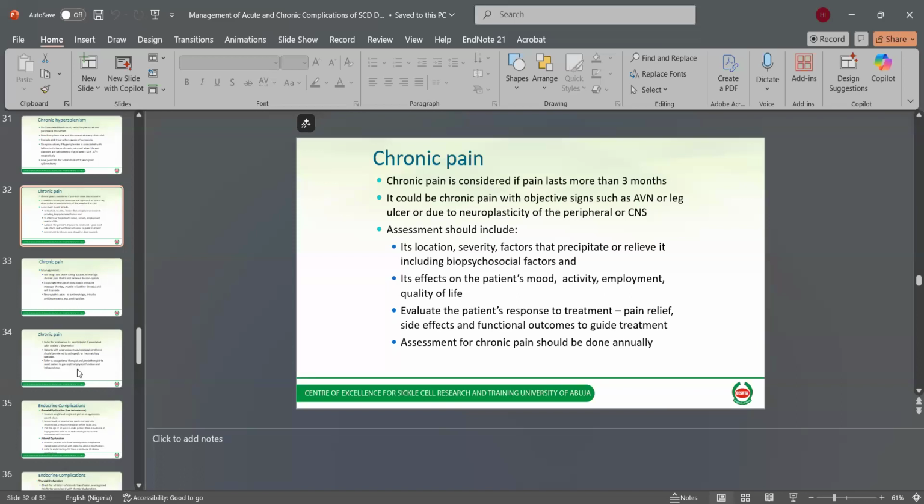And it could be due to neuroplasticity of the peripheral or central nervous system. In this case, sometimes the leg ulcer would have healed, but the patient will continue to have neuroplastic pain.